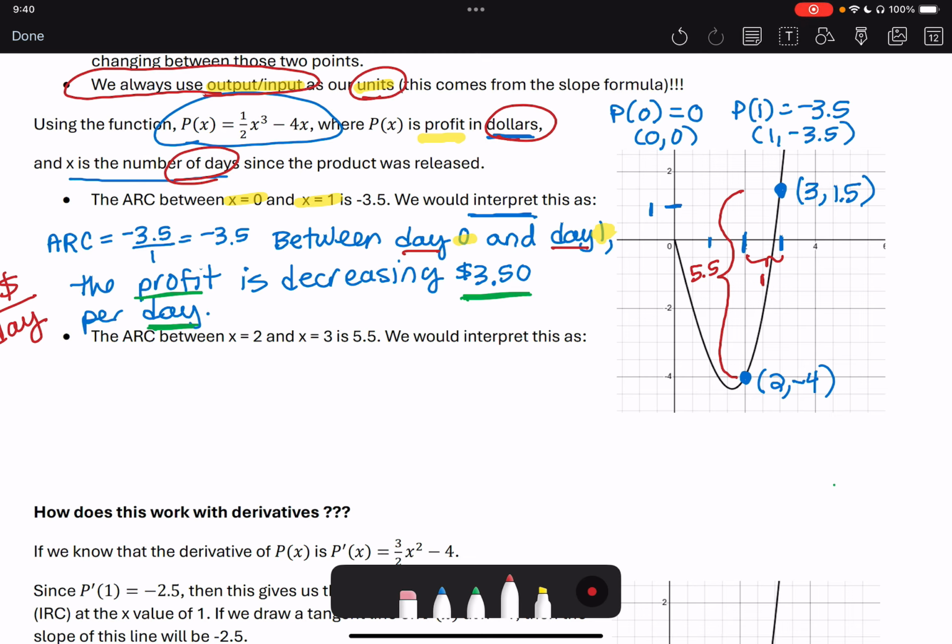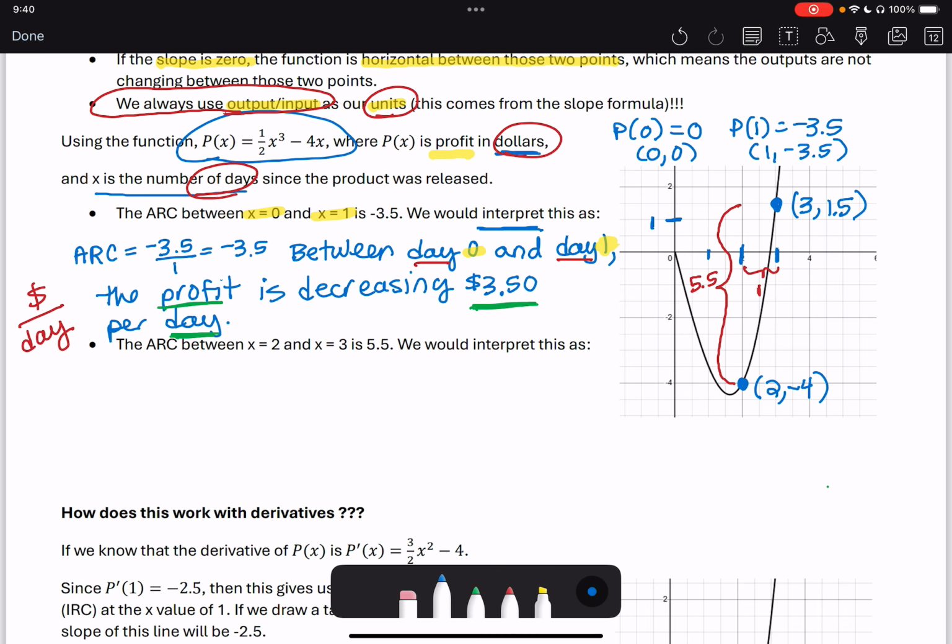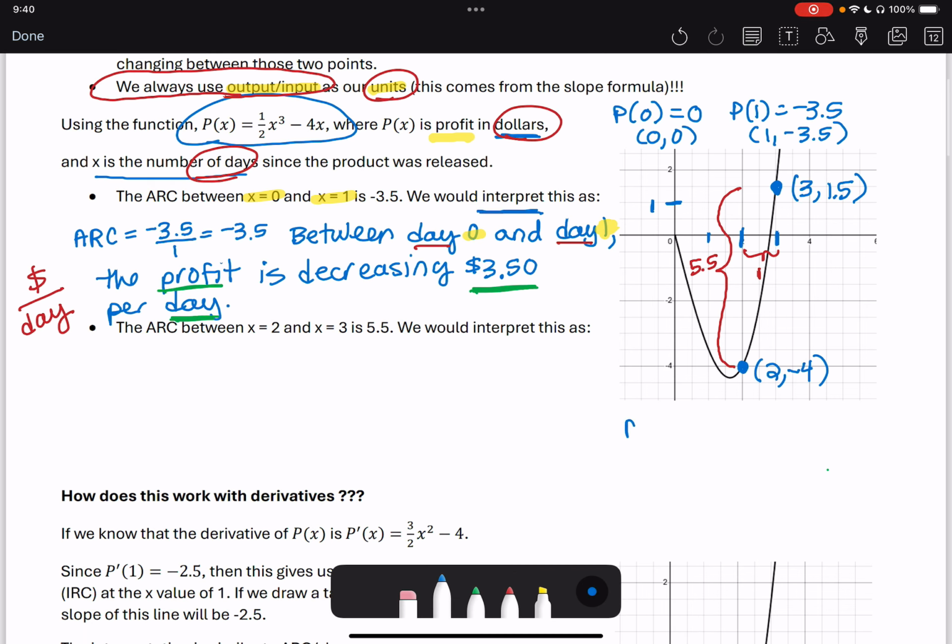Once again, we could do what I just talked about in the last example: I could go into the function and evaluate it for 2, and I get a -4, which tells me the point is 2, -4. And then I could evaluate it for 3, and I get a 1.5, so that would be 3, 1.5. So either plugging into the function or looking at it visually, somehow or another, you should get to this average rate of change being 5.5 over 1, which is 5.5.